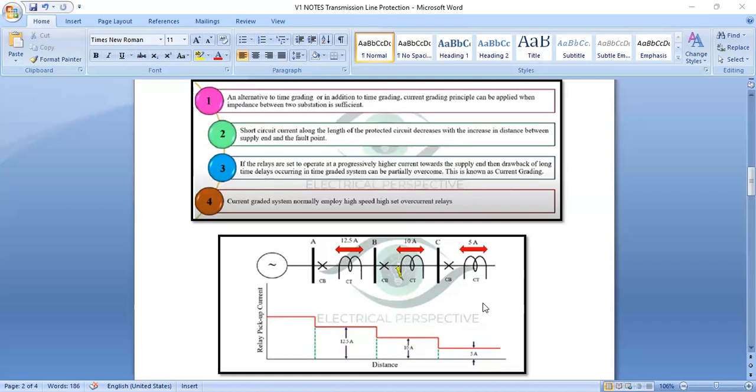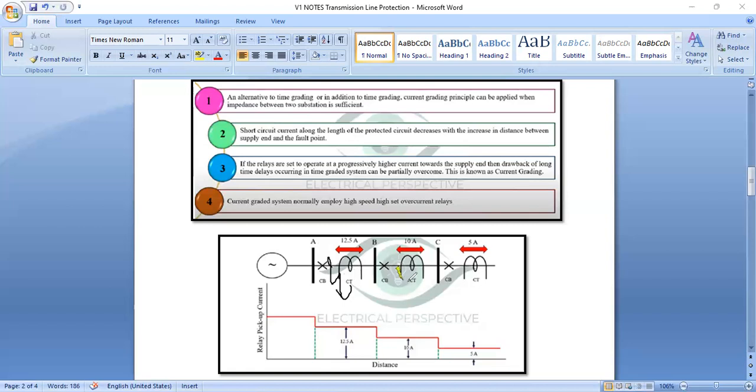This current grading system employs high speed over current relays. This current graded protection is applied to the radial feeder as shown in this figure. Suppose the setting is such that if the fault occurs in section A and B, relay A operates.